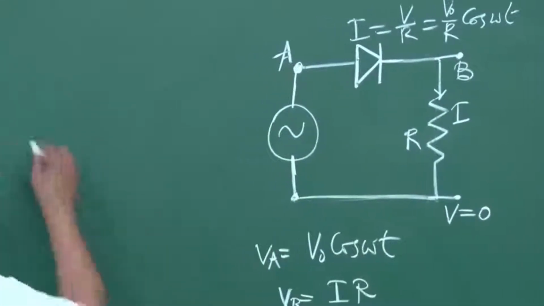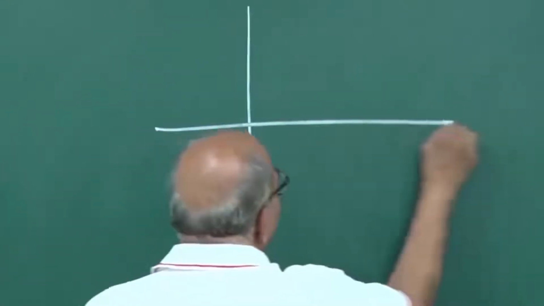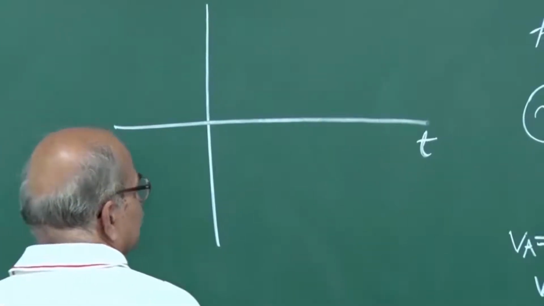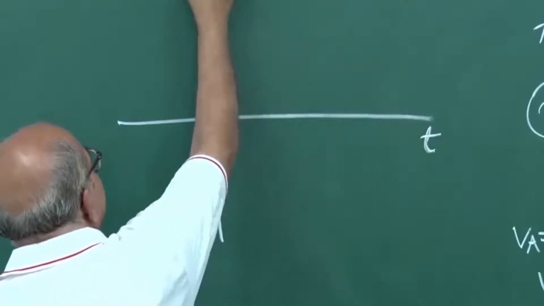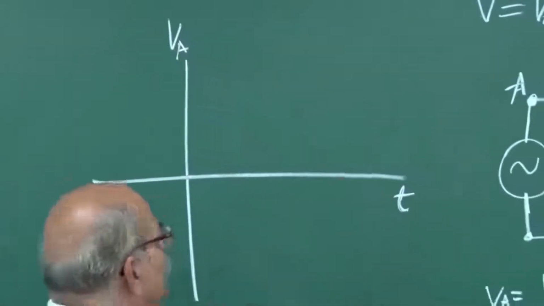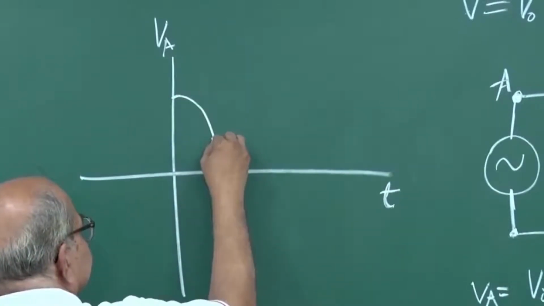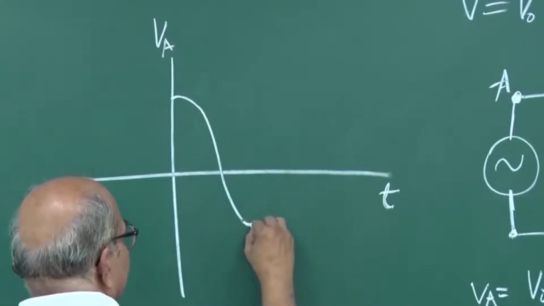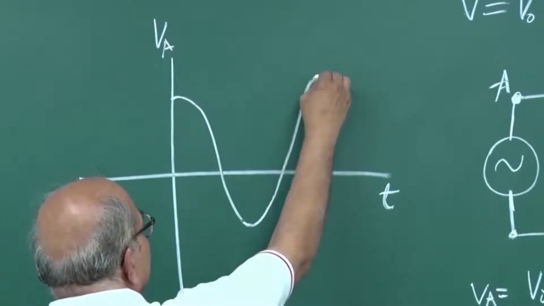So if I show this voltage on this graph, with time this side and VA this side, it's just V naught cos omega t, so it is like this. I should go to the same height and all those things, which I will not be able to do.